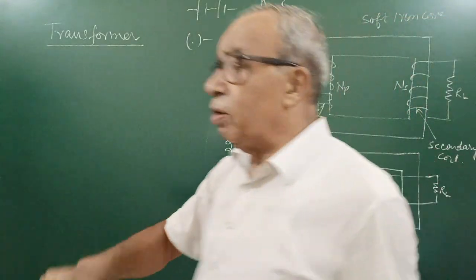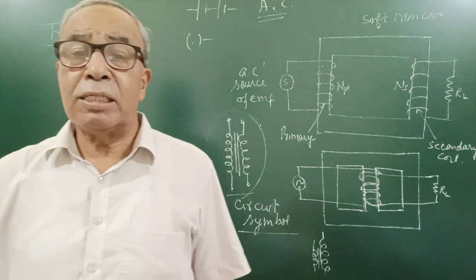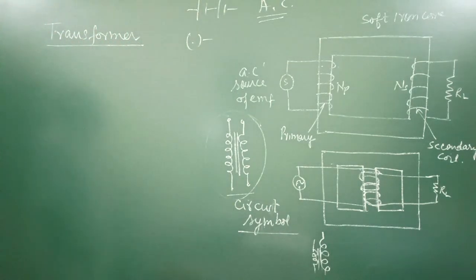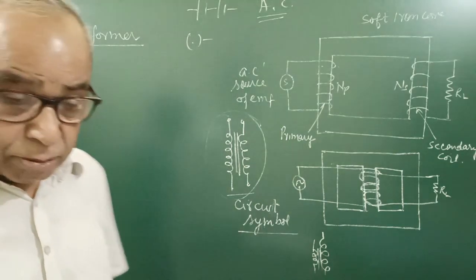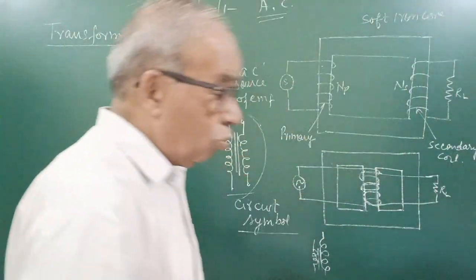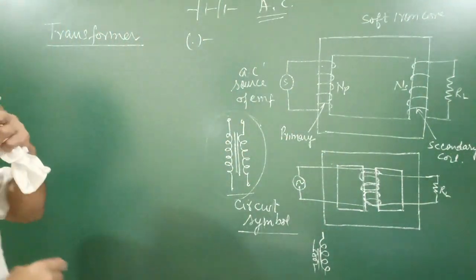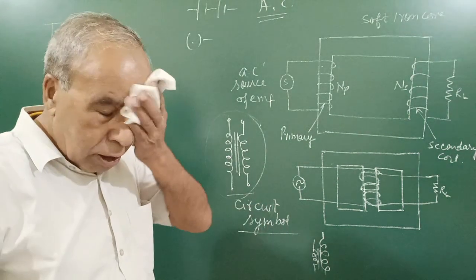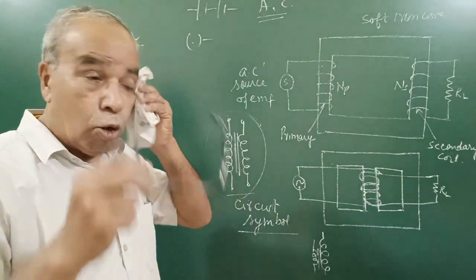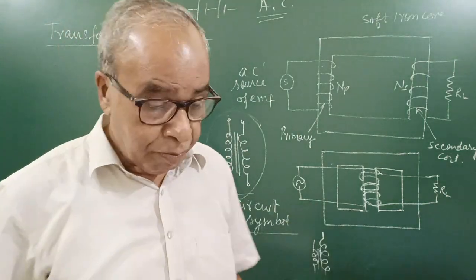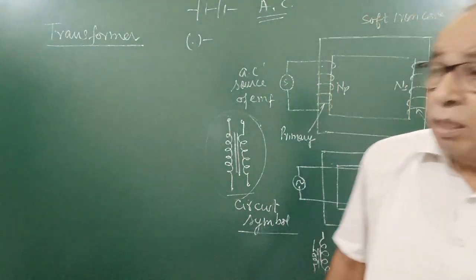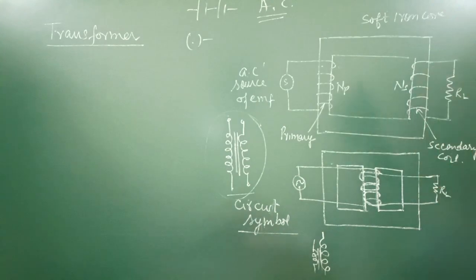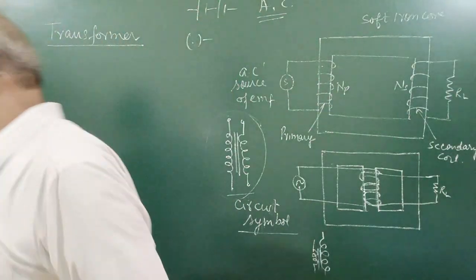Like in our home, we use a stabilizer. The stabilizer also consists of a transformer. Sometimes it is used to step up, sometimes step down, when the supply voltage goes low. The resistance of the devices which we use is called load resistance. Load means power output. Here load does not mean weight. When a vehicle is overweight, we say overloading, and there load is measured by weight in kilograms and quintals.